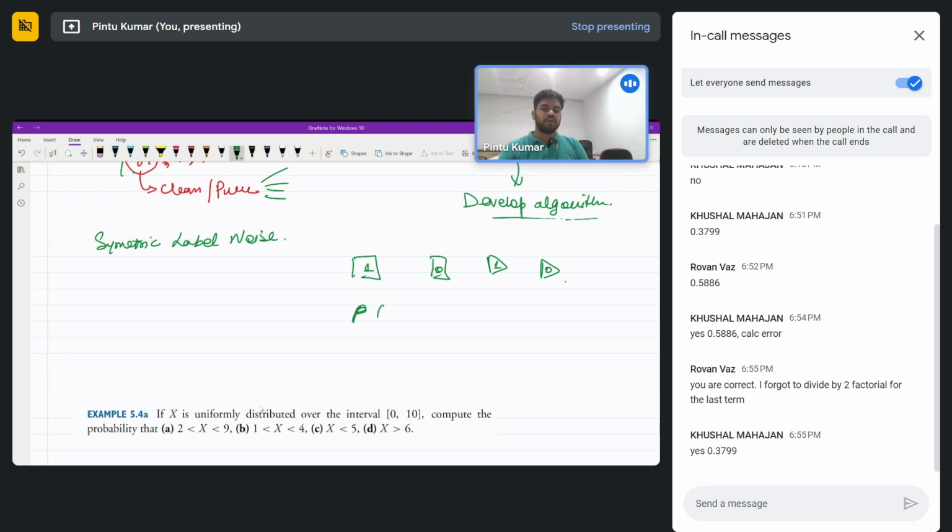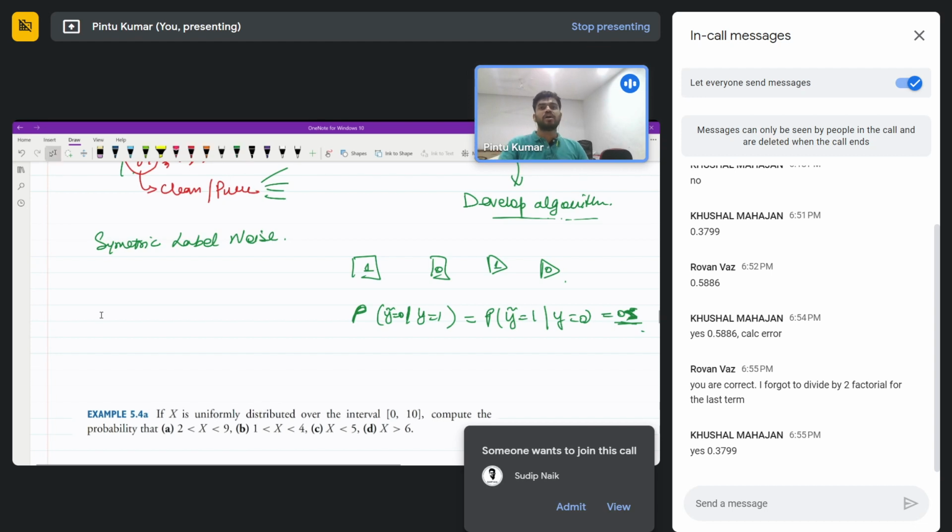If your existing label is 1, then your modified label will be 0, or vice versa, with probability, let's say, 0.5. So with a 50% chance it will flip your data point. Now if you want to create such data where with a 50% chance you flip the label, how can you create such data points?